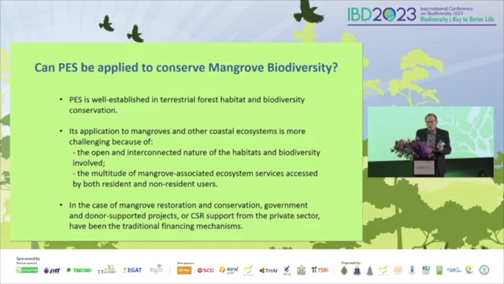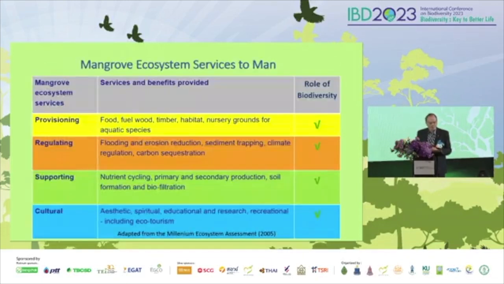But it's much more complicated with mangroves because they're a much more open forest ecosystem, and of course they're linked to both land and sea. So for that reason, there haven't been many good examples yet of PES operating for mangroves.